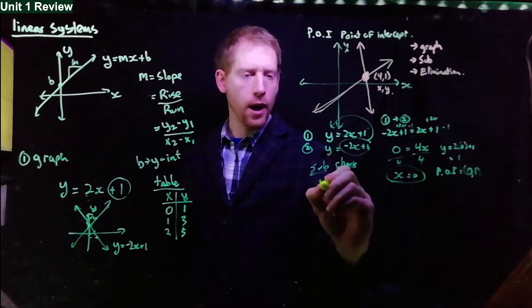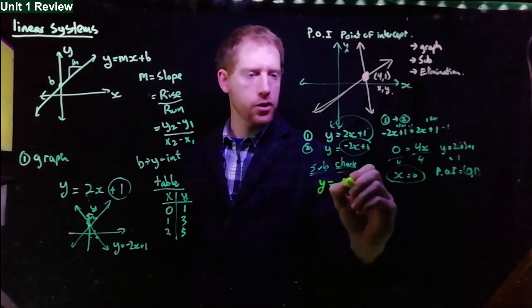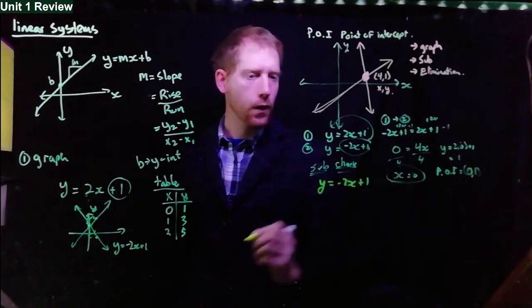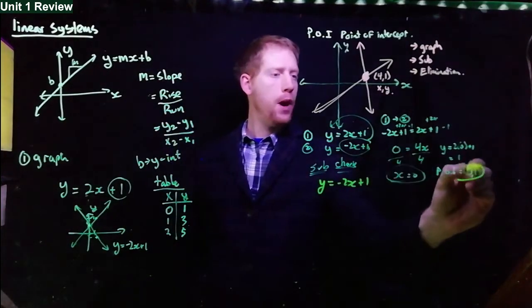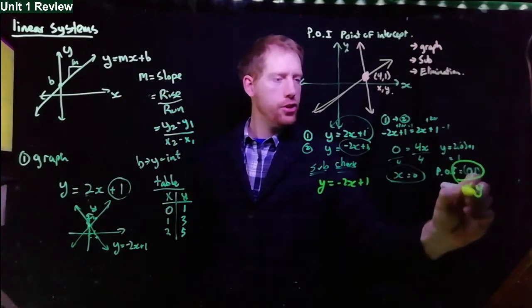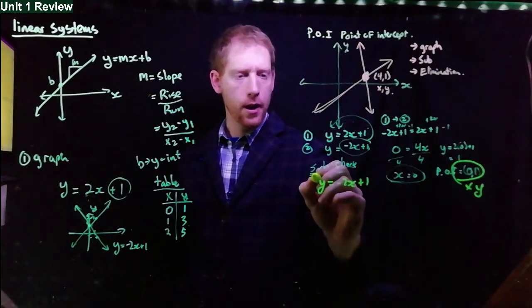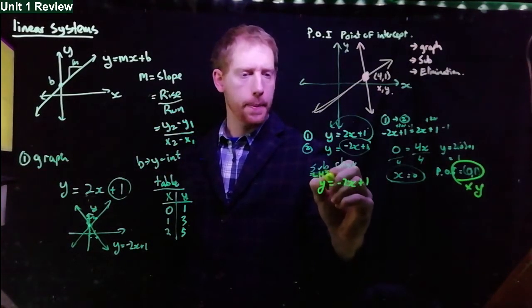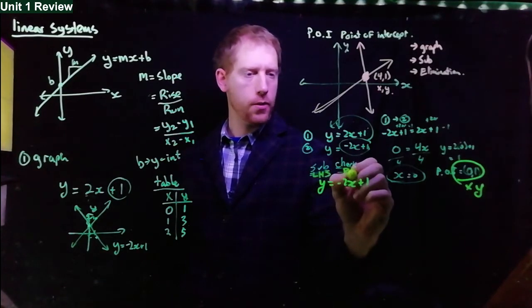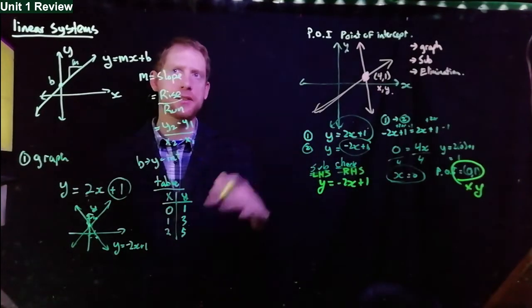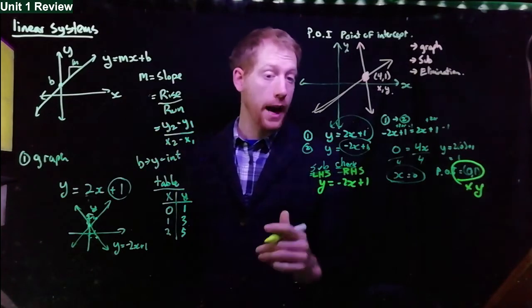So to check if you're right, if I have y is equal to negative 2x plus 1, is this the correct one? Well, what you do is you'd use those locations and you would substitute in here because this is called the left-hand side of the equation. And this is equal to the right-hand side. And if the left-hand side is equal to the right-hand side, you are correct.